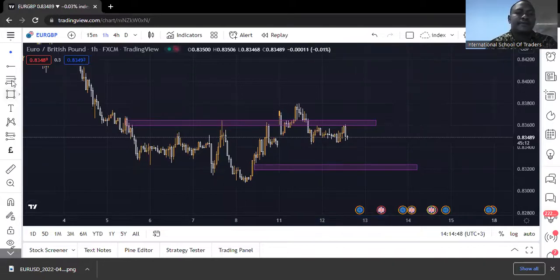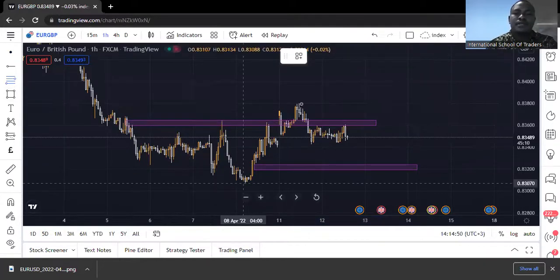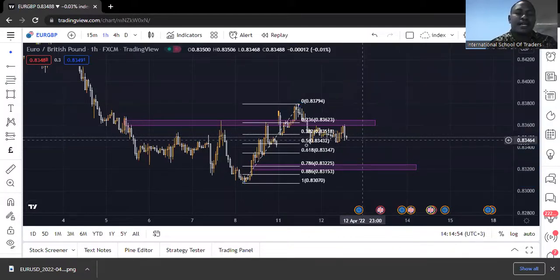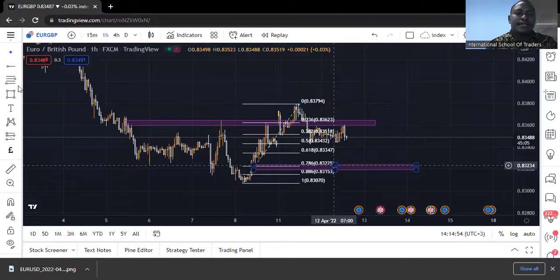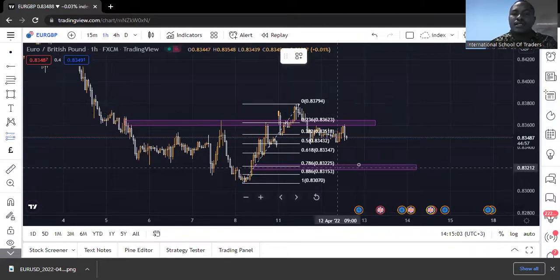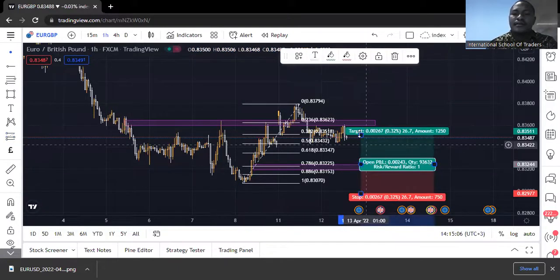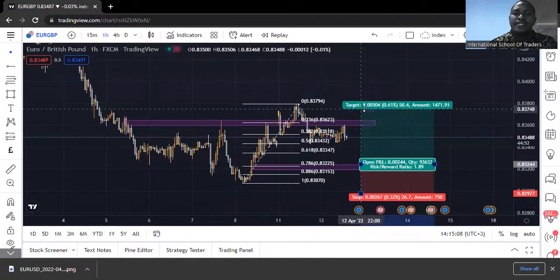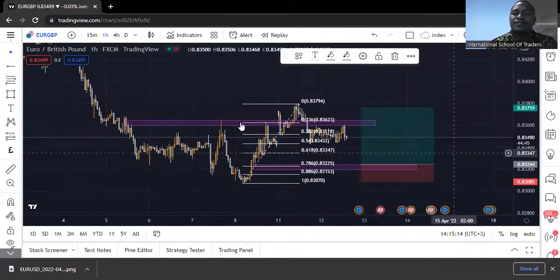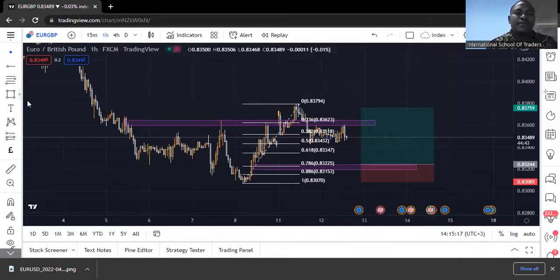Let's see. Yeah, this is where I'm more comfortable taking a buy from. So I'm going to look to take a long position in this area, take profits on the previous high, then stop loss within the structure. This would be something that I'll be looking at in this particular manner over here.